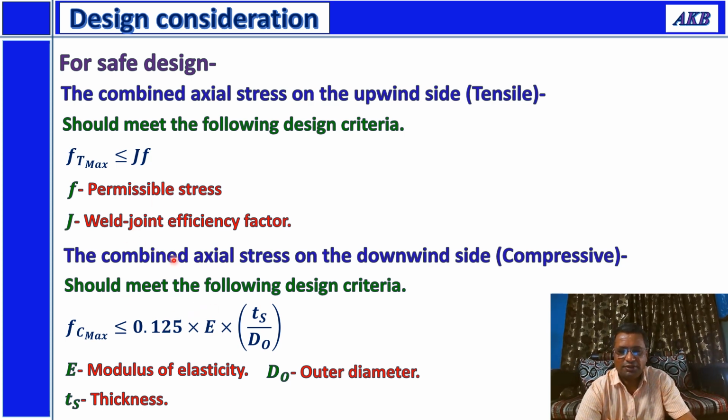So for the compressive stress on the downwind side and the tensile stress on the upwind side, you have two different design criteria. If you are analyzing for tensile stress, you need to use the first. You have to find, for the selected thickness, this should be the case. And for the compressive stress on the downwind side, this should be the design criteria.